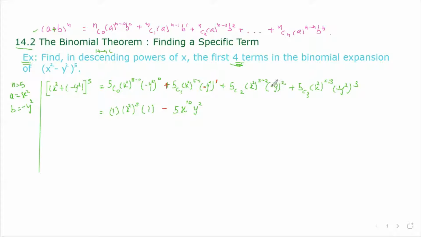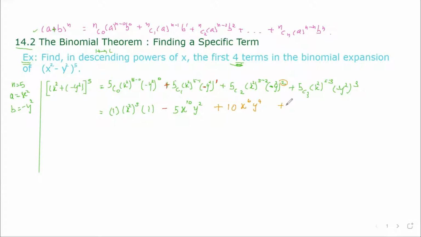Next one, see this minus and this plus, but this power is an even number, so the sign comes out as a plus. Then use a calculator: 5C2 equals 10, so you write 10 here. x^2 to the power 5 minus 2 becomes x^6, and y^2 squared becomes y^4. Then for the next one, this is 0, 1, 2, 3.